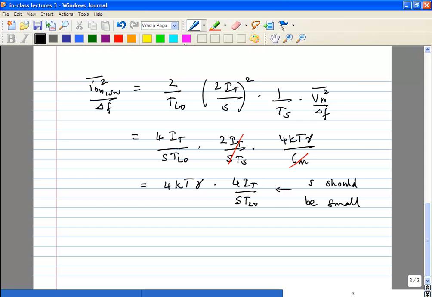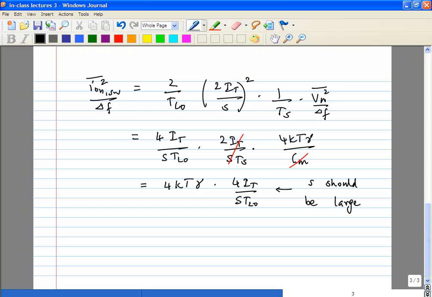And remember from last class that you did want S to be large as far as linearity was concerned, because you had that CGS mismatch between the two differential paths. So that is definitely one conflicting factor between noise and linearity. S should be large, right?